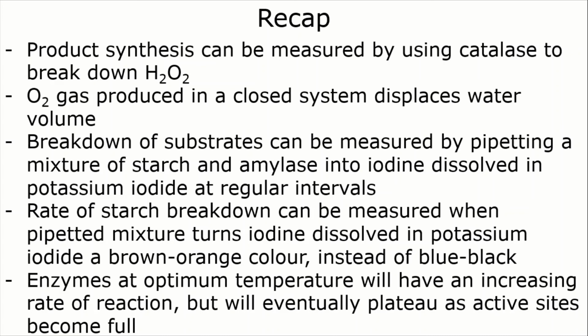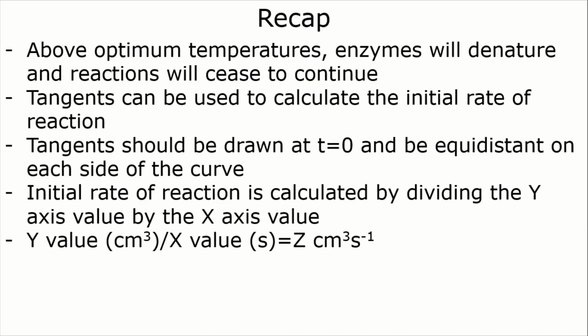We know that enzymes at an optimum temperature will have an increasing rate of reaction, but this will eventually plateau on a graph as the active sites become full or the substrate is used up. We know that above optimum temperatures, enzymes will denature and reactions will cease to continue. We've learnt that tangents can be used to calculate the initial rate of reaction, and that tangents should be drawn at the time point t equals 0 and be equidistant on each side of the curve.